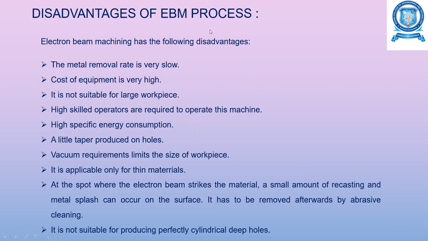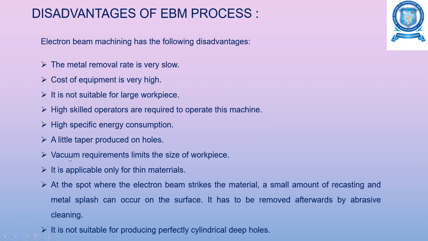The disadvantages of the electron beam machining process: the metal removal rate is very slow, and the equipment cost is very high. Large workpieces can't be machined, and you require highly skilled operators. High specific energy consumption is required, and a little taper will be produced on the holes.